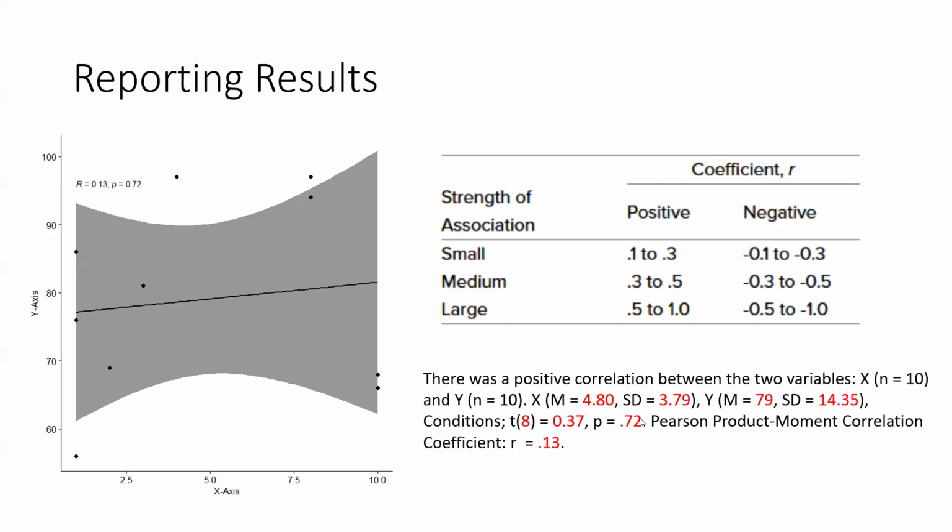So really, this model isn't all that great. This relationship isn't all that great. We see that there is a small positive correlation, but because our p-value is not below an alpha value of 0.05, we couldn't really state that this was a worthwhile correlation between the two variables.